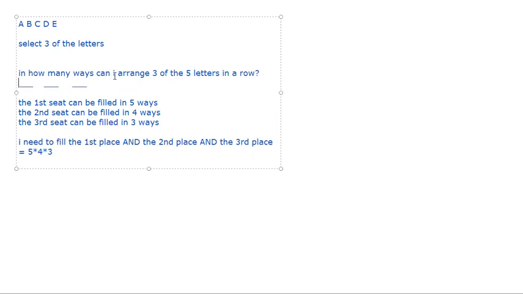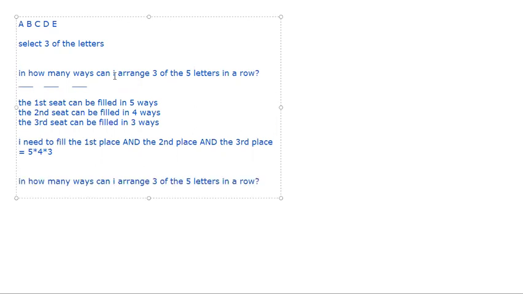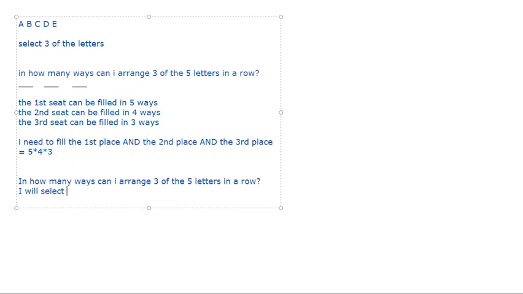Okay. Now, let me again ask you the same question. In how many ways can you arrange 3 of the 5 letters? And for that, what you now answer is slightly different. So you say, I will select 3 of the 5 letters first. So first I will select the 3 letters which I will arrange.